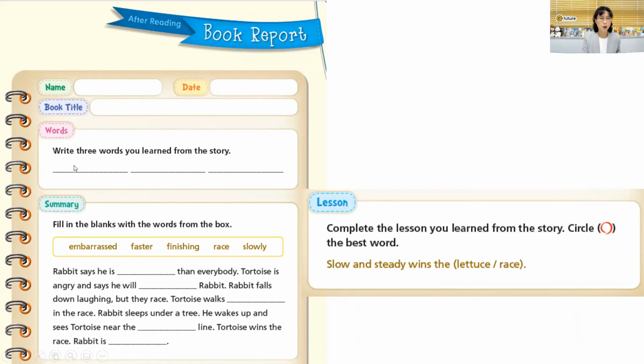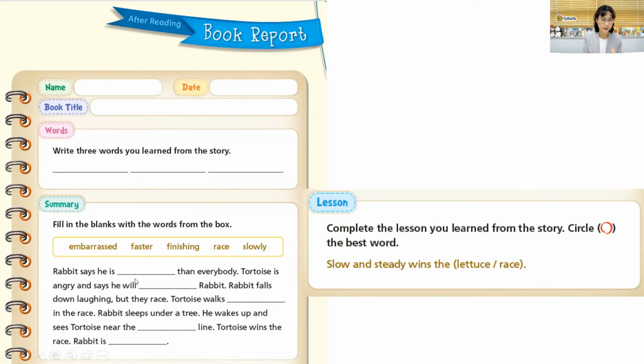And words. Write 3 words you learned from the story. So students will read the story again and they'll choose 3 words that they learned from the story, right? In order to do this, they'll have to read the story again, right? And summary. So at this level, it's too difficult for students to write a summary. So we provide a summary, but then we have the blanks for students to fill in.